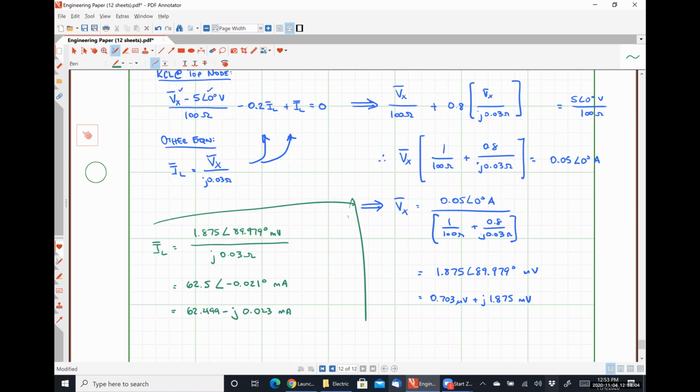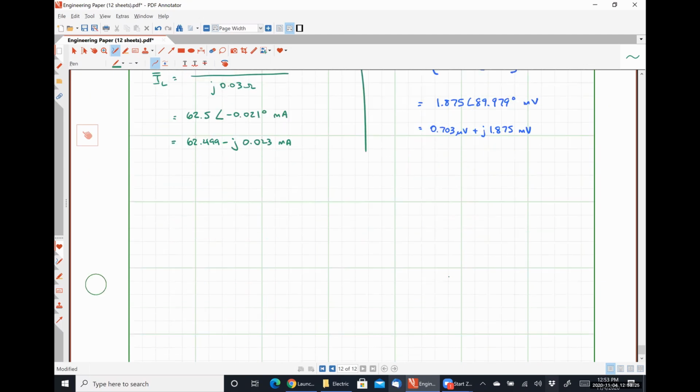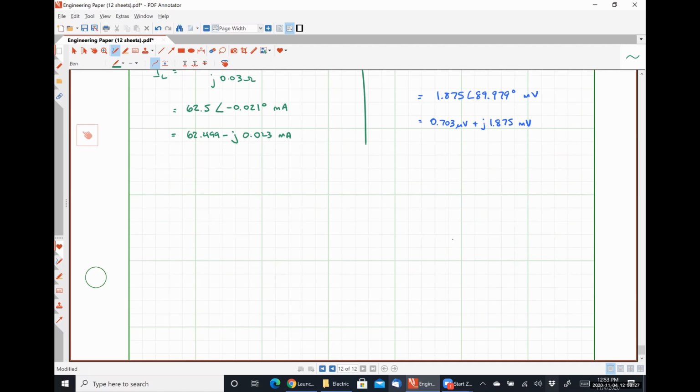No, that would be a delta-wye transformation. You guys don't know how to do that yet. All right. I found one I think we can do.